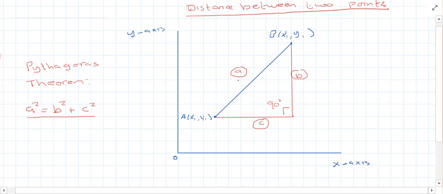So we can use this theorem to work out the length of this line, the line AB. That's what we're trying to figure out: what is the length of that line, taking into account the coordinates that we have.